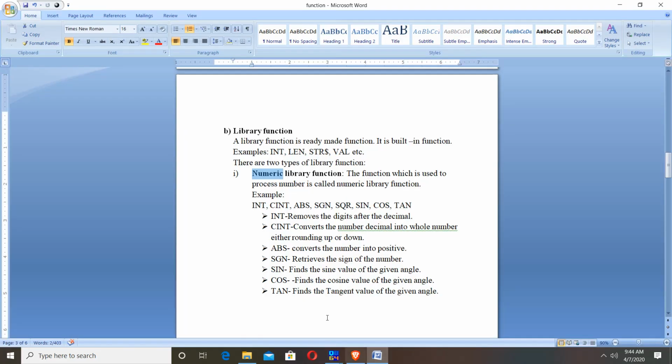Now we'll check another program. Let's check what is there in the numeric library functions, that is CINT. CINT converts the decimal number into a whole number, either rounding up or down. That means if we are given any fractional number, it will be either rounded up or rounded down on the basis of the number that is entered.